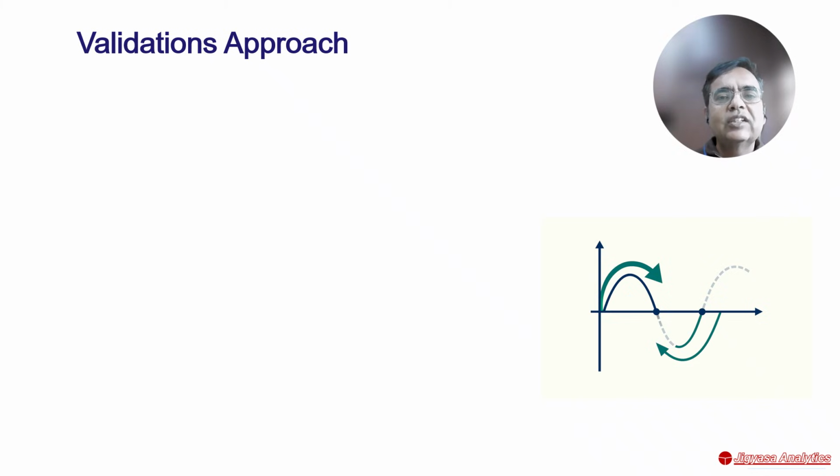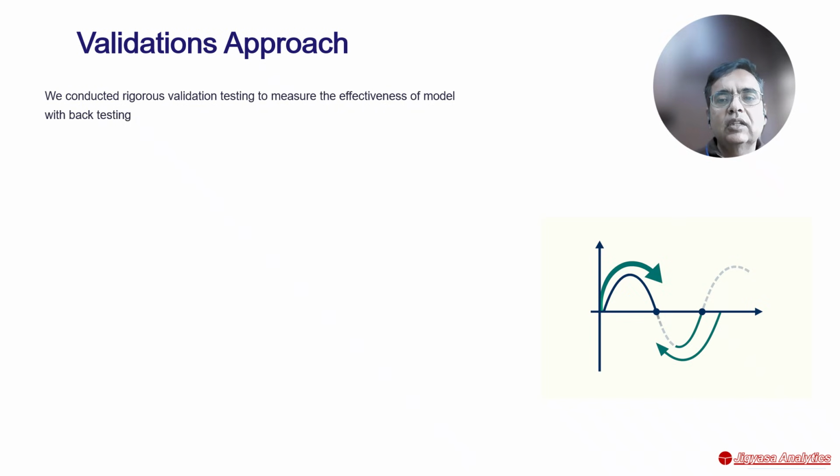A good validation approach was needed to make sure what we built was actually holding true when applied to real data. So what we did is we introduced a rigorous approach which involved backtesting.